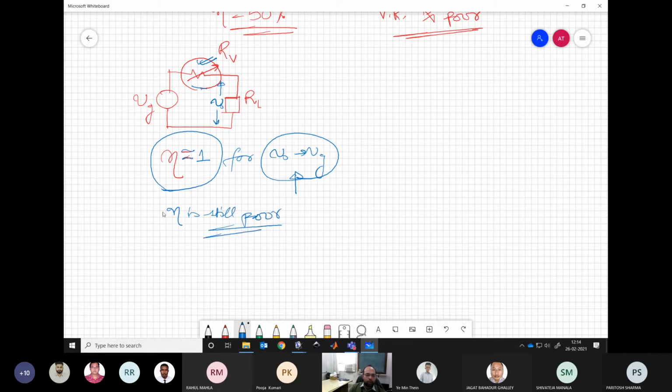Now let's say we keep efficiency aside for some time. How do we realize a variable resistor? We cannot be sitting there varying the resistance value manually while our load is running. So we have to have some arrangement to realize this variable resistor.